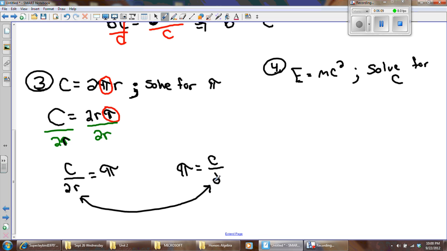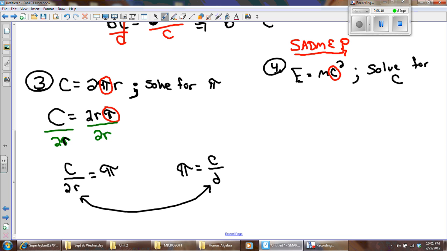All right, let's go over to problem number 4 here, and then we'll wrap this video up. I have to solve for c. Now I have an exponent on it, and I have an m attached by multiplication. Well, exponents don't show up in SADMEP, but if I continue the order of operations backwards: subtract, add, divide, multiply, exponents, parentheses, because I'm going backwards through the order of operations.